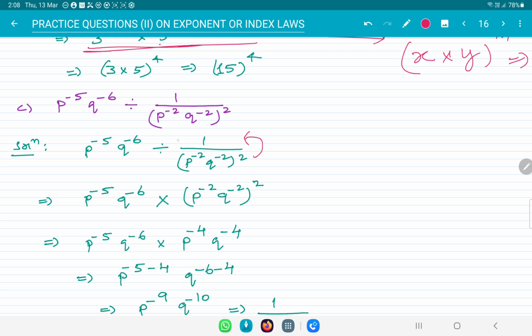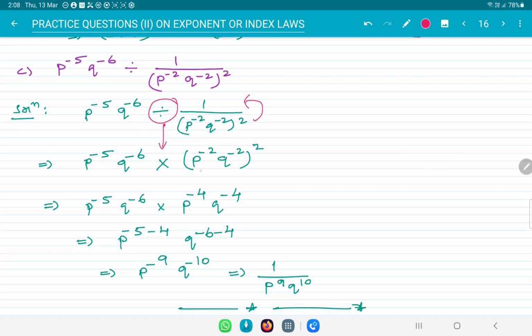And whenever division is there, when we are simplifying these types of questions, division will change into multiplication, and the second quantity will be reversed. So since it is in the denominator, it will come into the numerator.